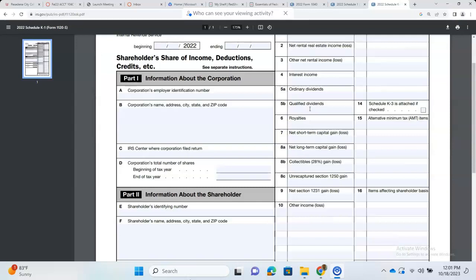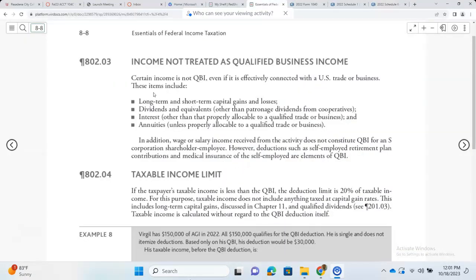If you have, let's say, qualified dividend or ordinary dividend interest income, those are going to take your $100,000 income share of K1 lower. So your QBI will not be 100,000 times 20%. It will be 100,000 minus some stuff, then multiplied by 20%. So that some stuff, here are a few examples of it, that will be deducted from your K1 form, and then they multiply it by 20%.